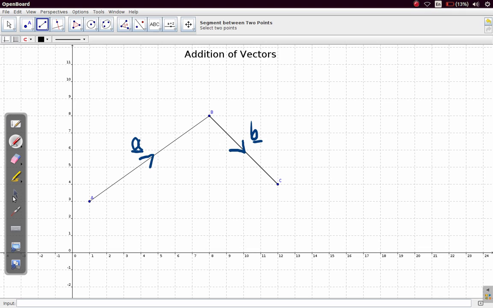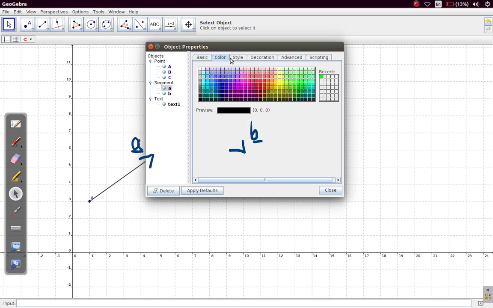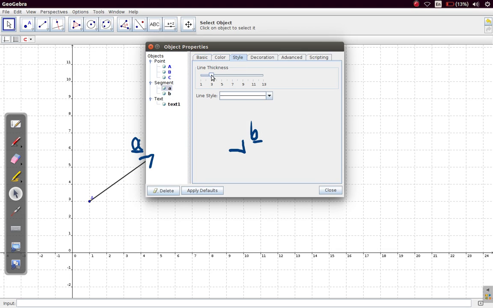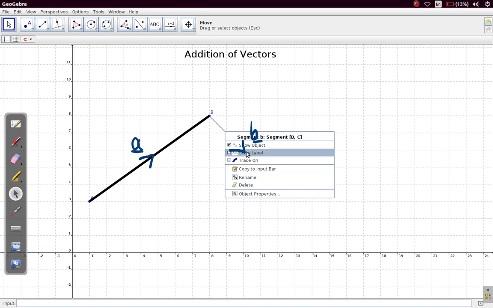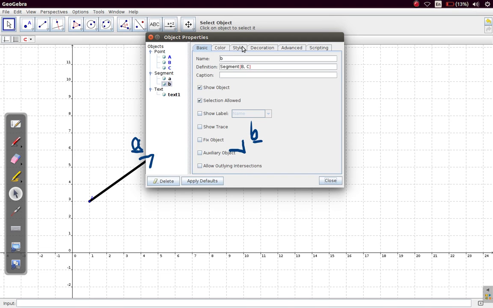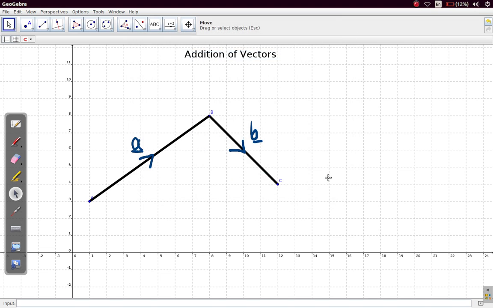I want these vectors to be thicker than they are right now, so let me make this thicker. Good, that's vector A. And then vector B. Let me thicken vector B as well. Good.